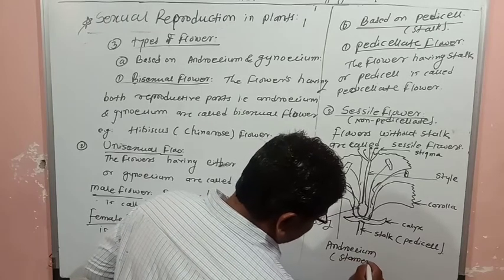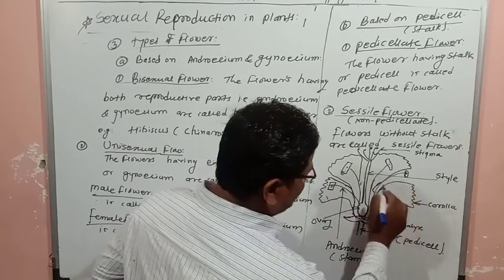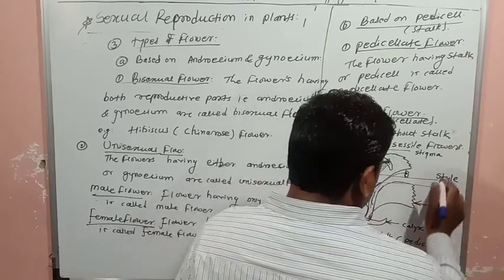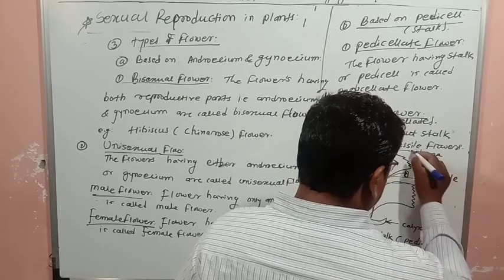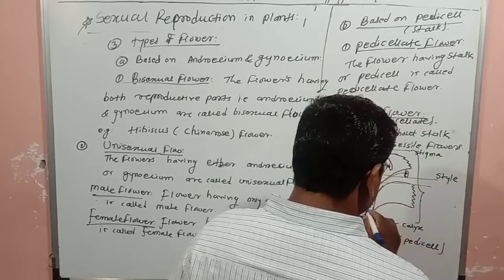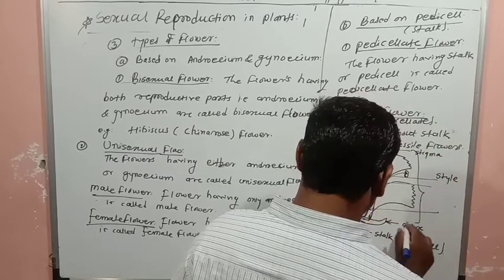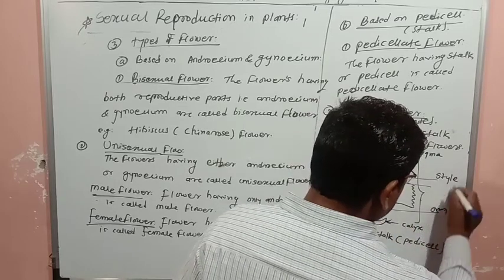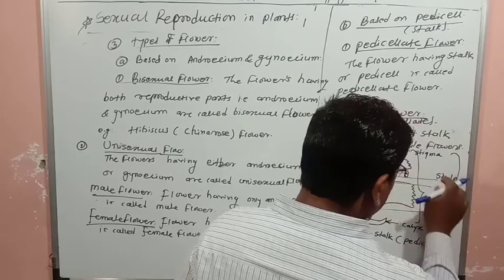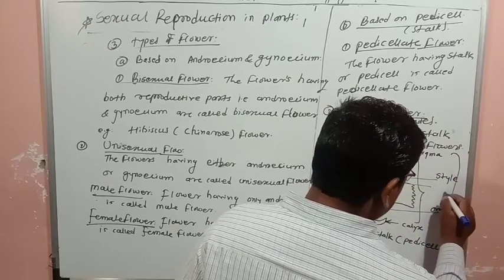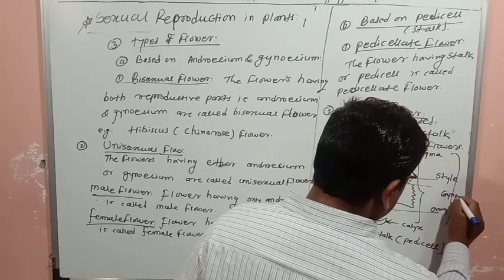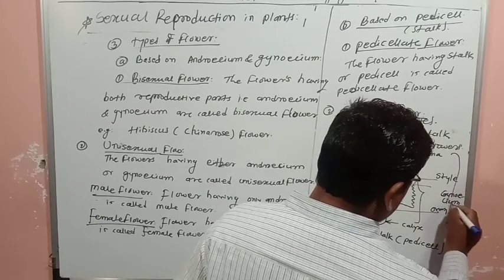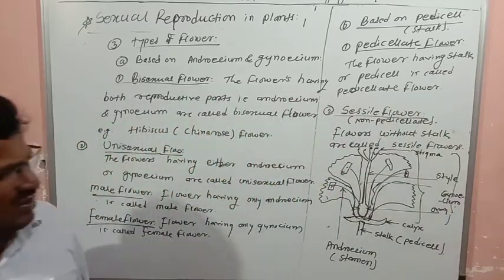And this one, total style, stigma and ovary, is called the gynoecium. Like this way you can draw the flower.